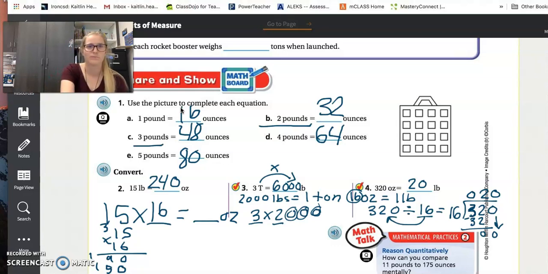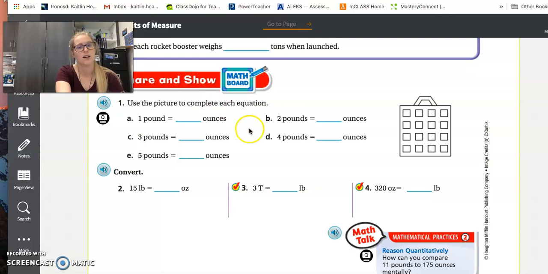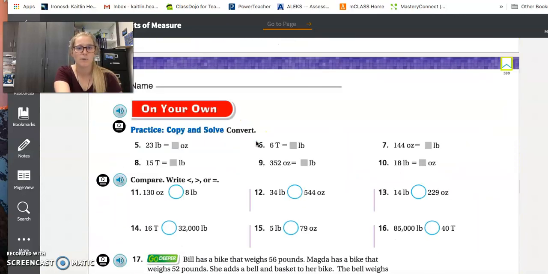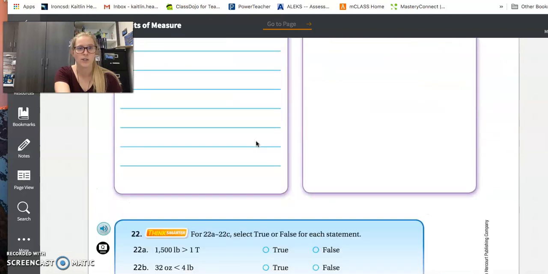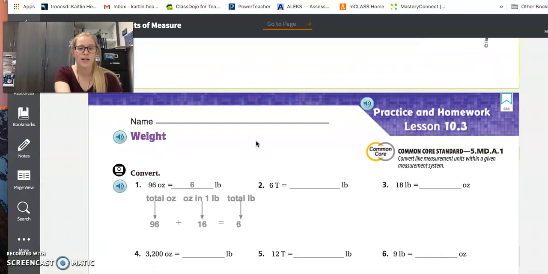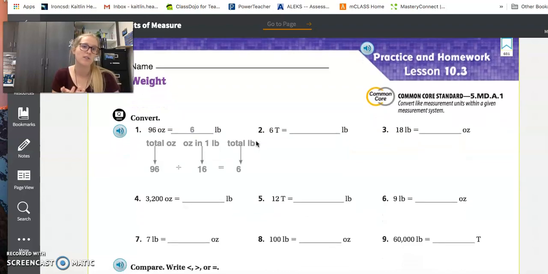Okay. So now you just got some good examples of how the assignment is. I want you to go ahead and do your own, as well as memorize what each of them equals. So you need to memorize that 16 ounces equals 1 pound and 2,000 pounds equals 1 ton.